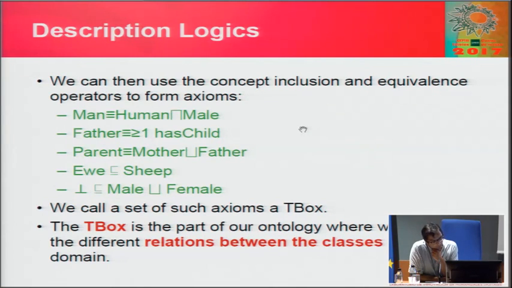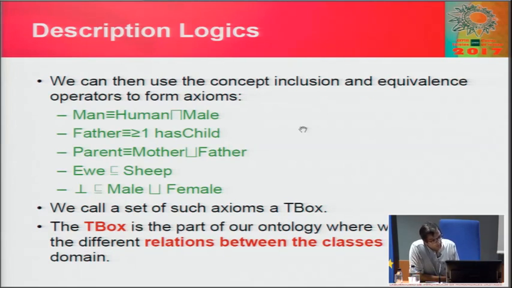And these axioms are ways of relating together different concepts, or, if you like, giving simple labels to complex concepts that are made up of lots of different, more basic concepts.